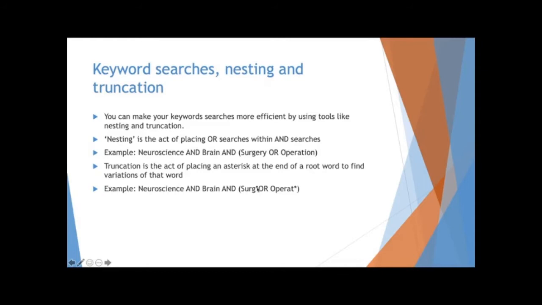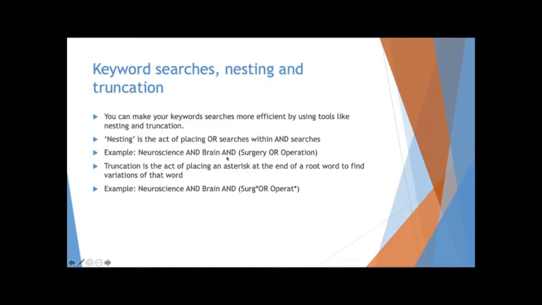Something to remember, in this particular instance, the search terms that we truncated will more than likely find variations of these words in the context of the AND search that we initially put in.